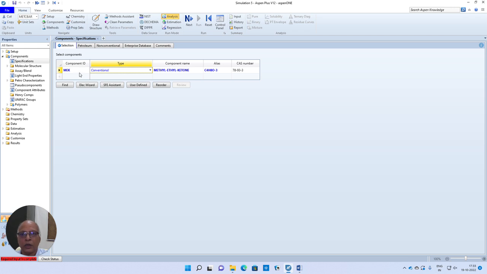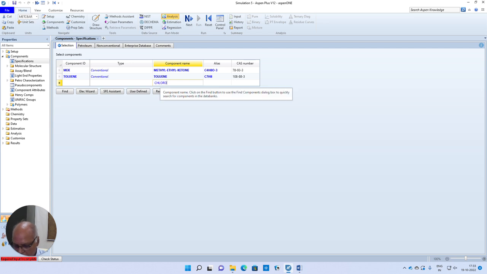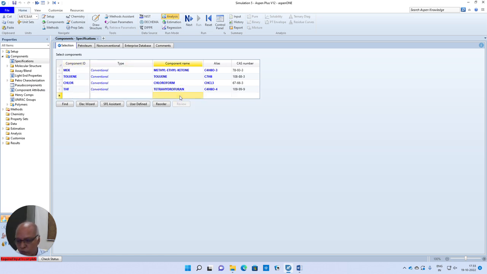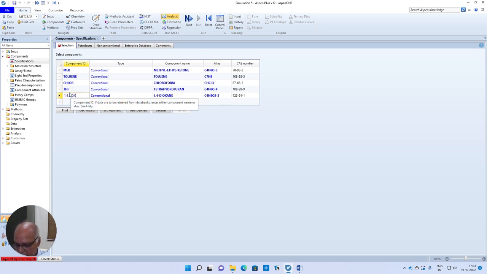MEK, toluene, then chloroform, then write this as chloro, then tetrahydrofuran, then 1,4-dioxane, then ethanol.